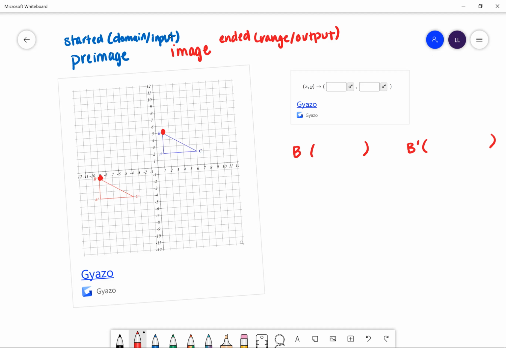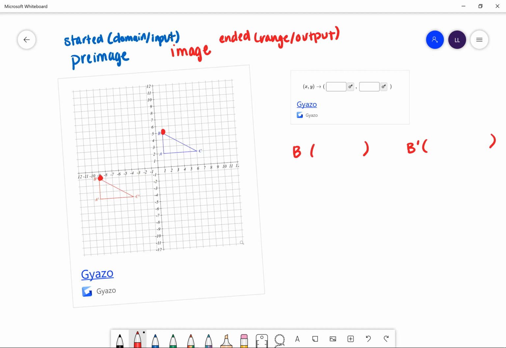Well, visually, we can tell that the blue image moved to the left and it moved down to become the red image. So left and down, all right? Left refers to the x coordinates, down refers to the y coordinates.